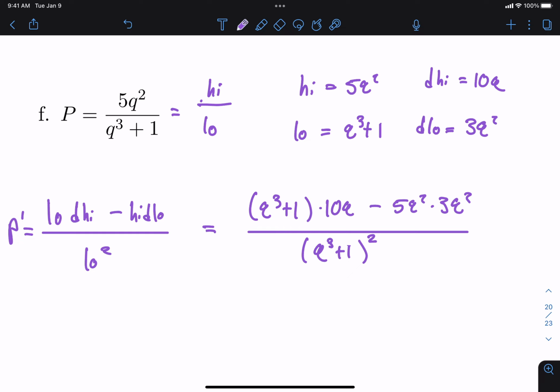Do we like it better when we write with low d high, high d low, all of that stuff, instead of the f prime g stuff? Does anyone have an opinion? Who likes low d high better? Who likes the other one better?